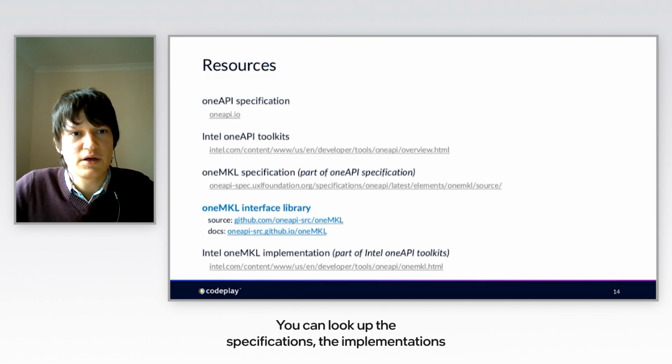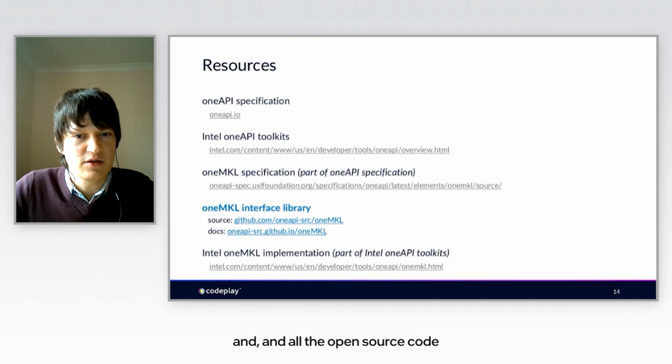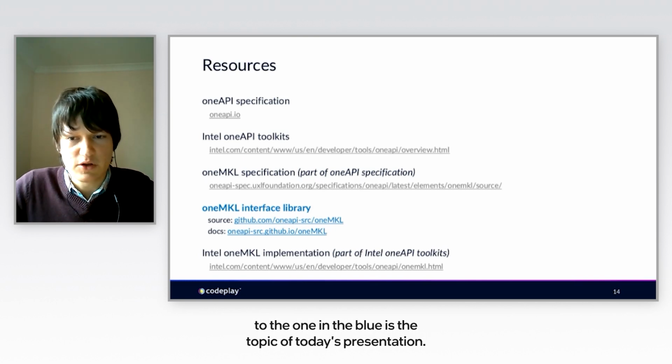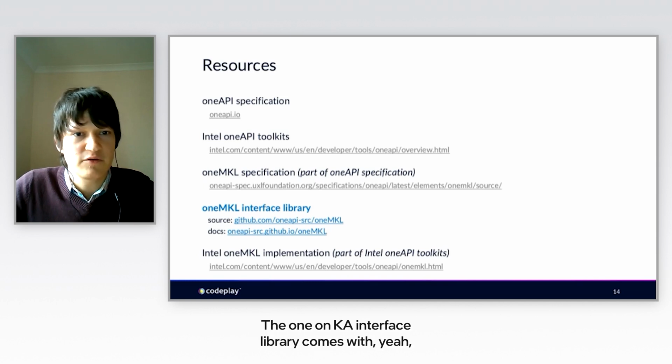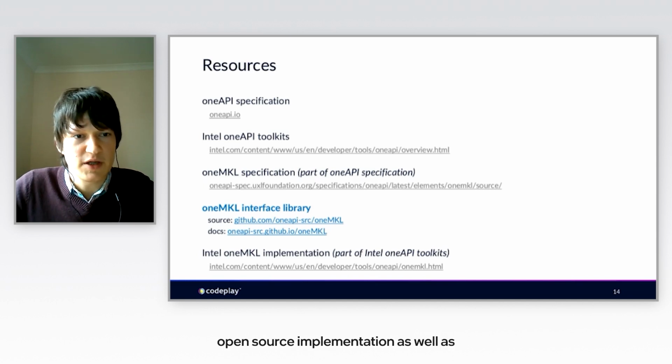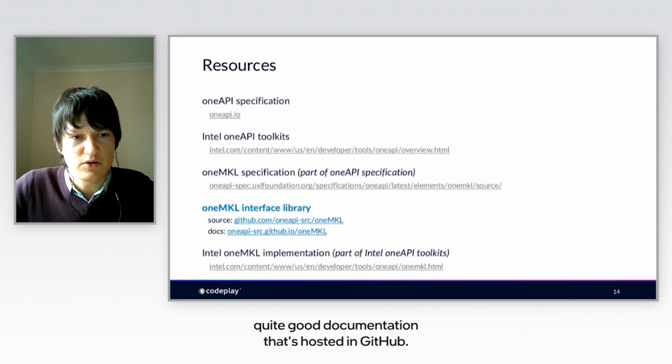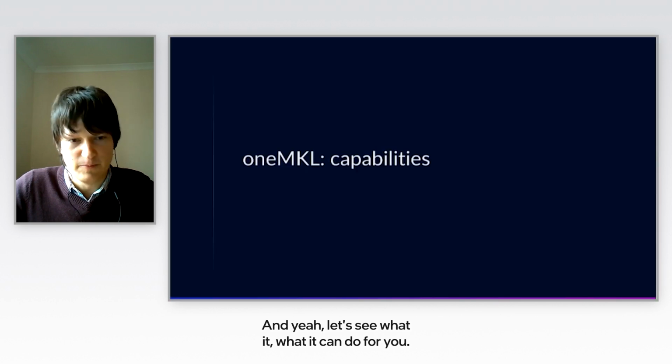You can look up the specifications, the implementations, and all the open source code. So the one in blue is the topic of today's presentation. The oneMKL interface library comes with an open source implementation, as well as quite good documentation that's hosted on GitHub. And let's see what it can do for you.